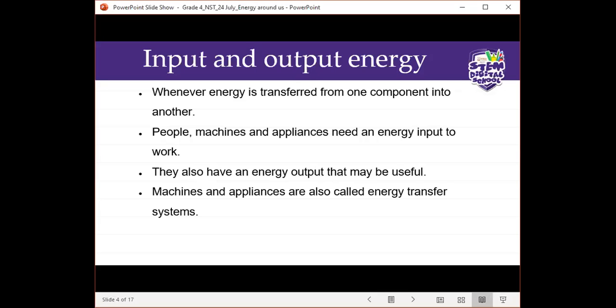So if we look back at the example of how a light bulb will glow from a source of electrical energy, then the glowing light bulb would be our output energy. Machines and appliances are also called energy transfer systems. A system is something made up of many parts that work together.